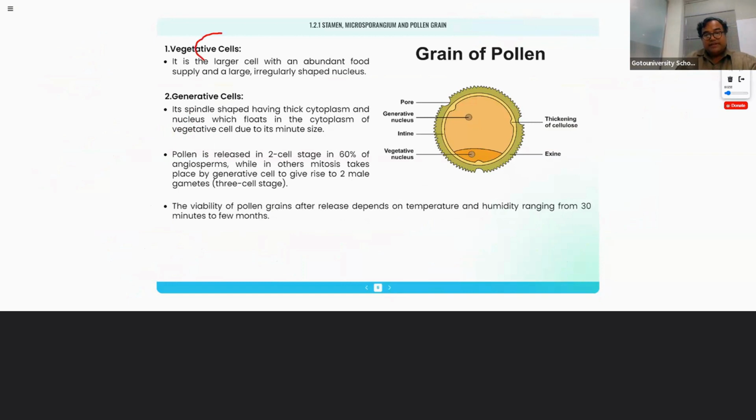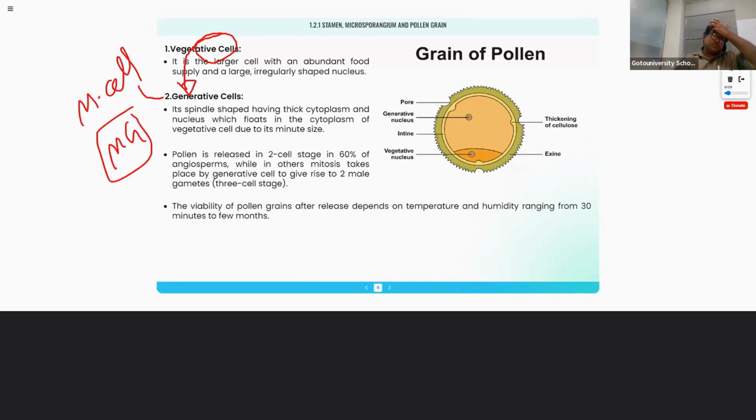The vegetative cell nourishes the generative cell. The generative cell is the male gamete making mother cell; male gamete mother cell is the other term for generative cell. When you refer to the last 20 years' question papers, in one year, instead of saying generative cell, they say male gamete mother cell.